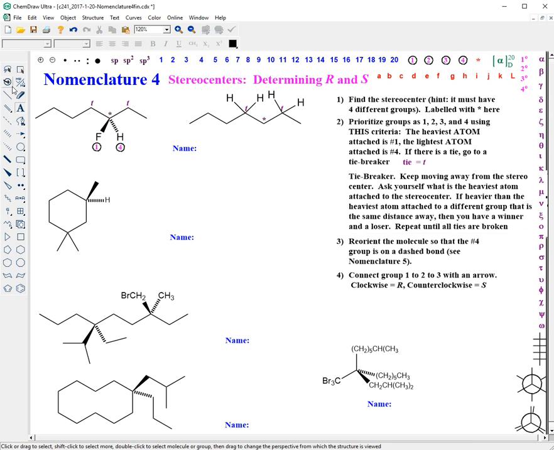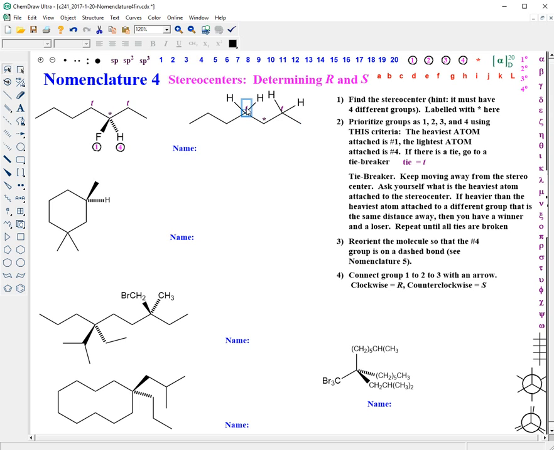All right, so the question is, what is the heaviest thing attached to this atom moving away from the stereocenter? Answer is a carbon. What is the heaviest thing attached to this tied atom moving away from the stereocenter? Answer is a carbon.